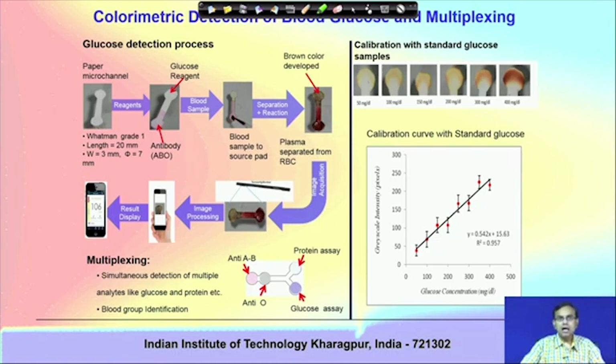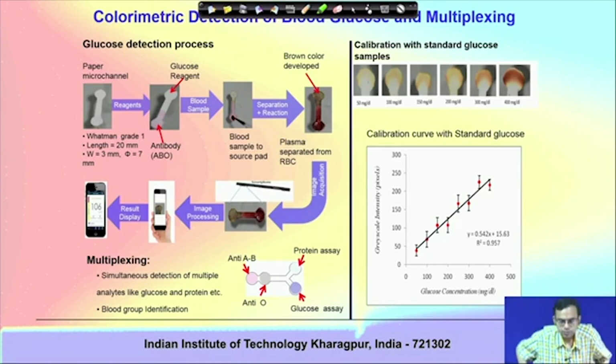For example, this is a demonstrative device where, in the slide, you see colorimetric detection of blood glucose and also multiplexing, that is, a glucose assay as well as a protein assay in the same microfluidic device.